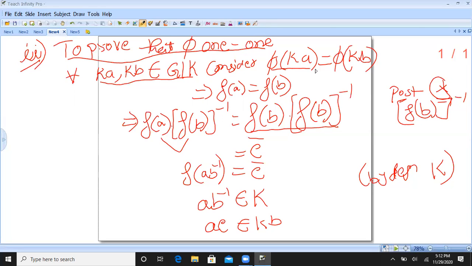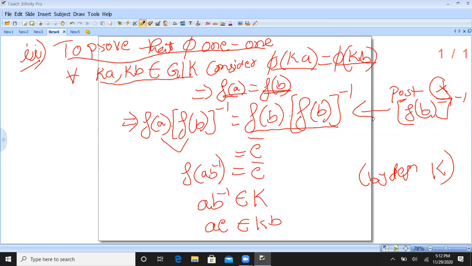This phi of Ka is equal to phi of Kb can be written as phi of A is f of A is equal to f of B. I have already said in the previous proof how we write this. Now I have introduced post multiplication by f of B whole inverse.